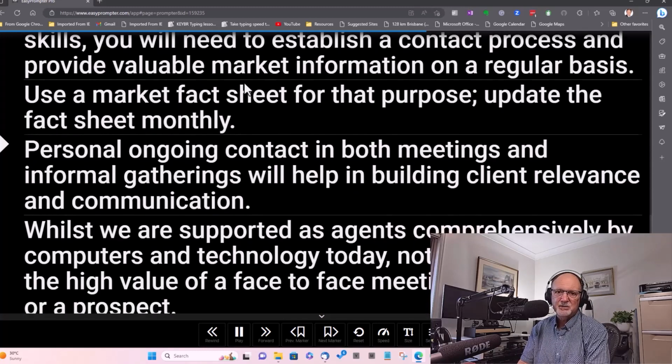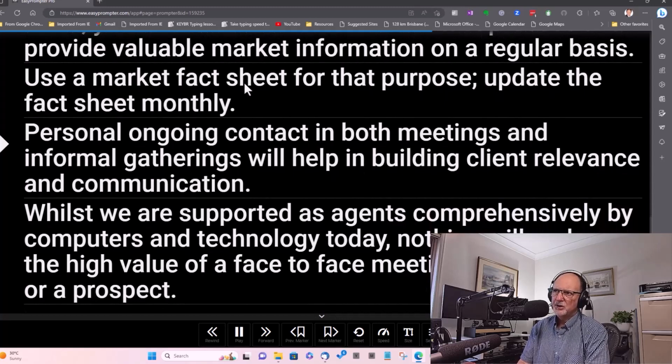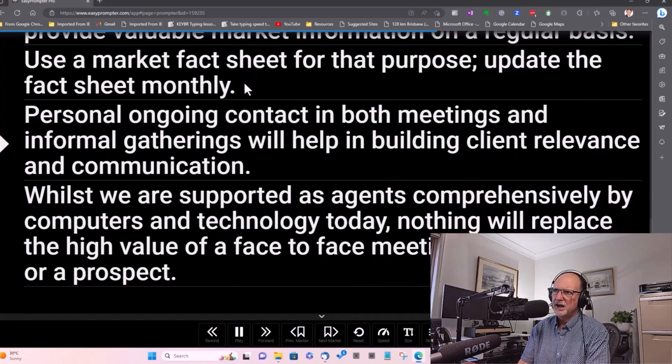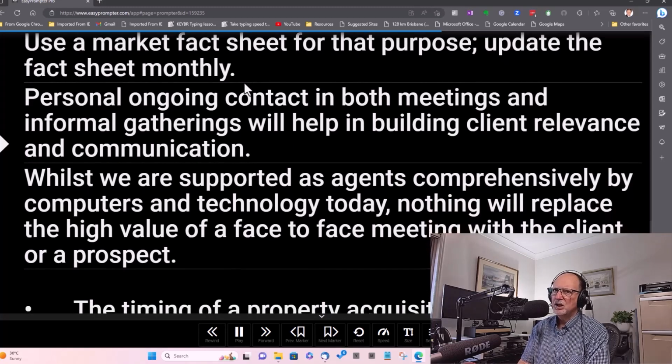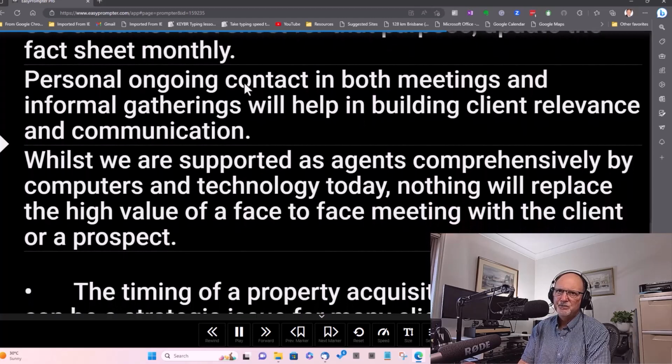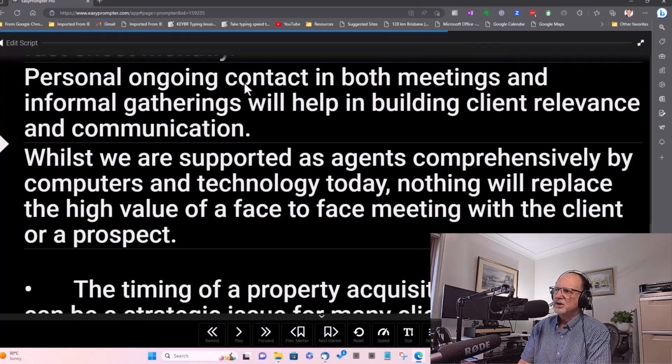Then send it out. Now personal ongoing contact in both meetings and informal gatherings will help in building client relevance and communication. When I say relevance, I mean your relevance as an agent for the client. And of course, how do you communicate with the client? Well, I did say that you can send out some sort of email market brief.